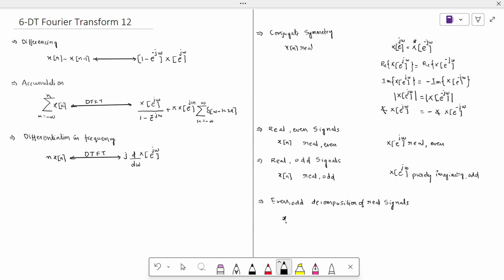So this is the even part, which means the even part of x of n. So its discrete time Fourier transform is equal to the real part of x of e power j omega.